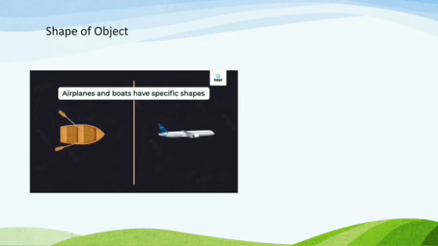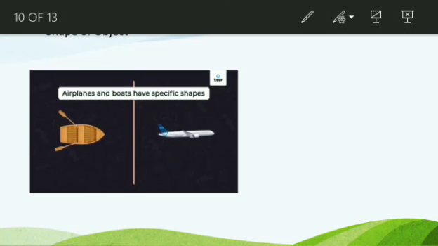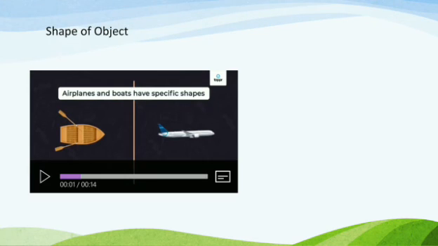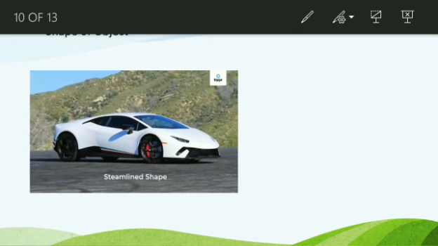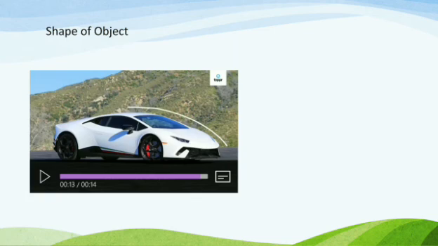To compensate for the extra drag by the fluid, some objects are designed in a specific way. For example, the boat and the aeroplane have a specific shape. The boat looks like a fish and the aeroplane looks like a bird. See in the video.